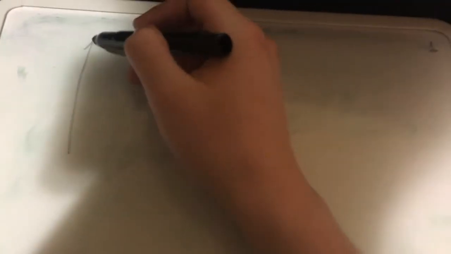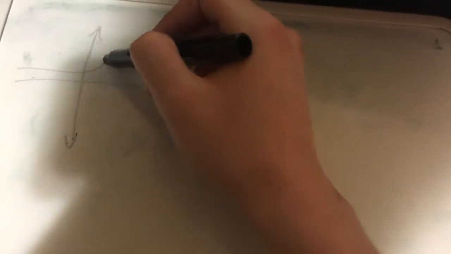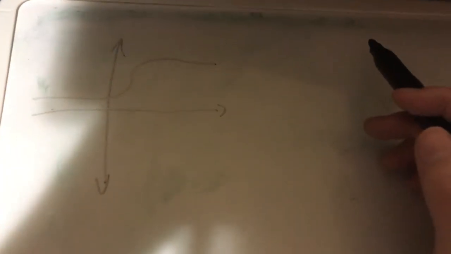Hello. So right now I will explain the average rate of change of a function. If I have a function like this, how can I find the slope of the function?